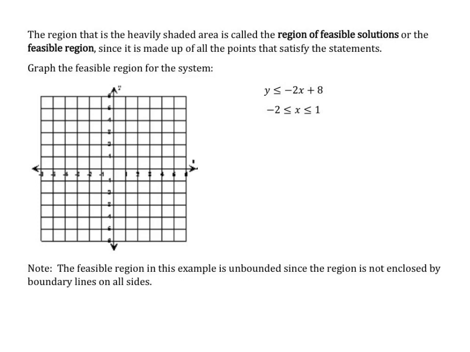So let's graph the feasible region for the system. We have y is less than or equal to negative 2x plus 8. So it's already in y equals mx plus b form, so we just need to go up 8. 1, 2, 3, 4, 5, 6, 7, 8.